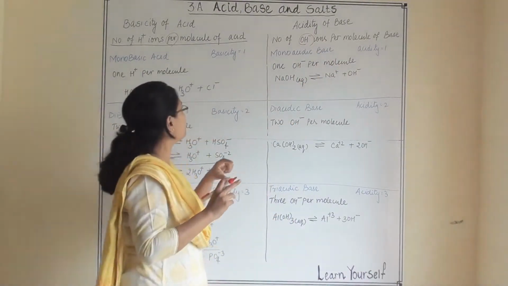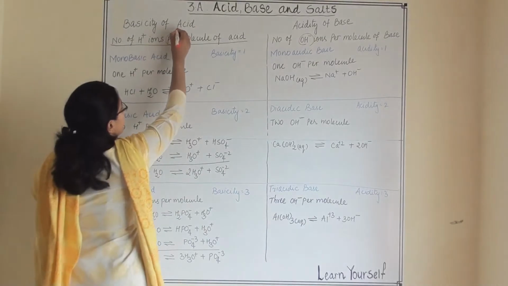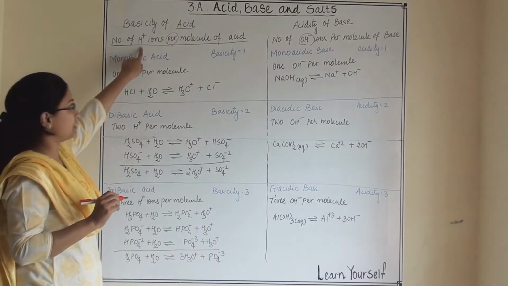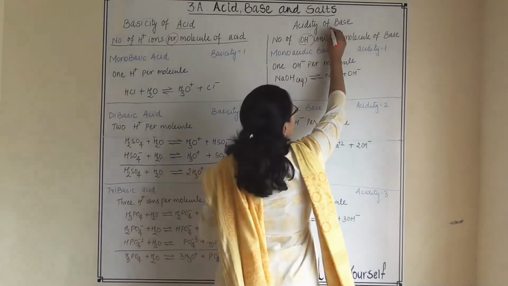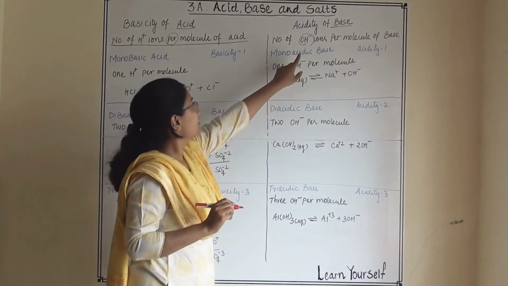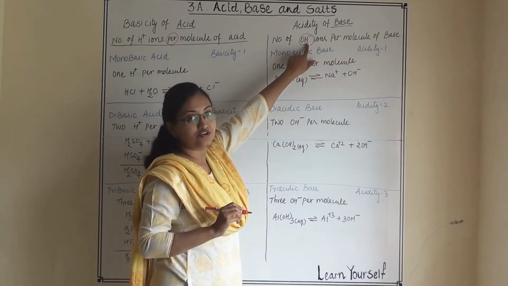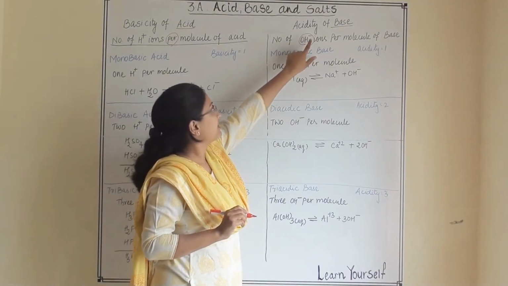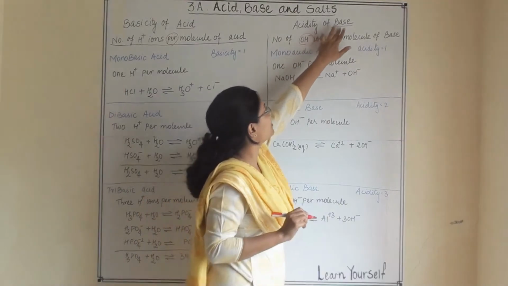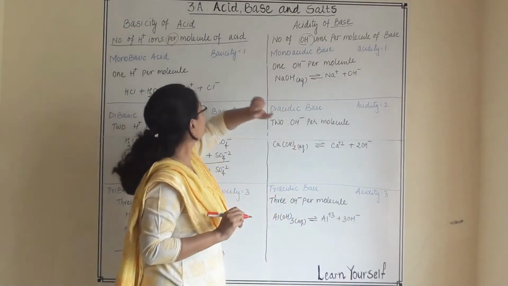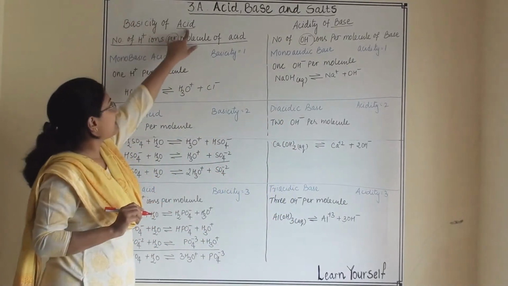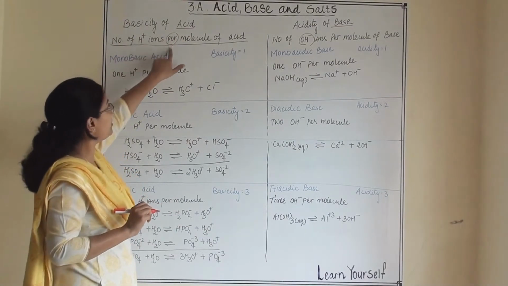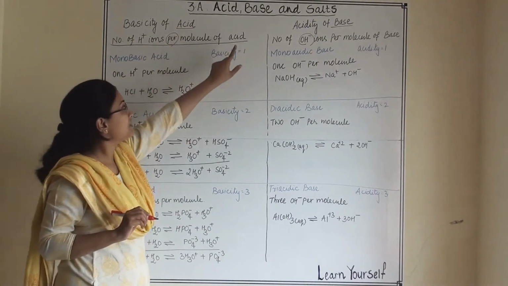Don't get confused. When we are writing acid, at the last see the number of H plus ions. When we are writing base, at the last we have to write the concentration or number of OH minus ions, and write what is opposite to this. Again, basicity of acid means the number of H plus per molecule of acid.